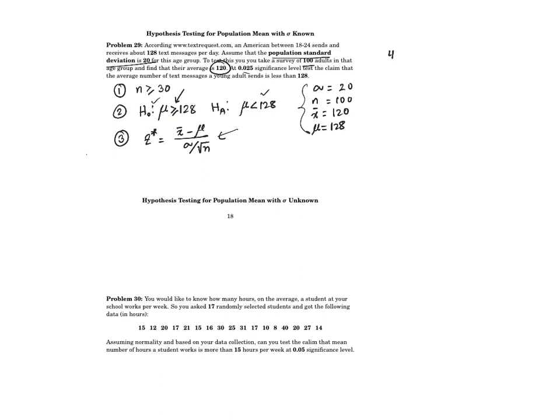And step number 4, you're going to find the tail and the critical region. So less than meaning you're doing left tail. Now this is the point we're interested in, and your significance level, what did they give you? 0.025.